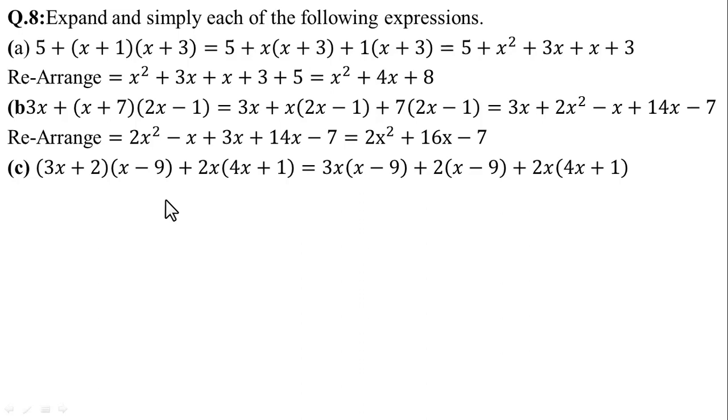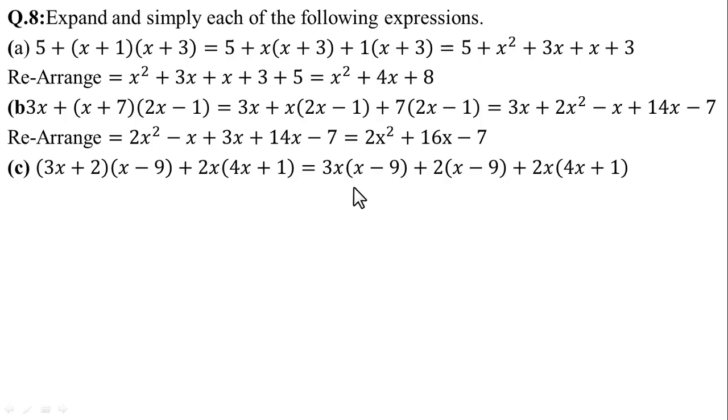In C part, given that (3x + 2)(x − 9) plus 2 into (4x + 1). First of all, opening the bracket by the simplifying method, 3 into x − 9 plus 2 into x − 9 plus 2x into 4x + 1.